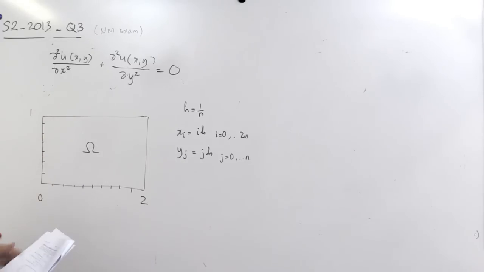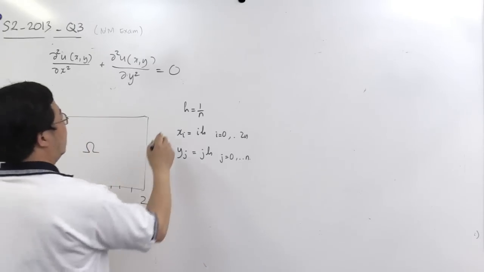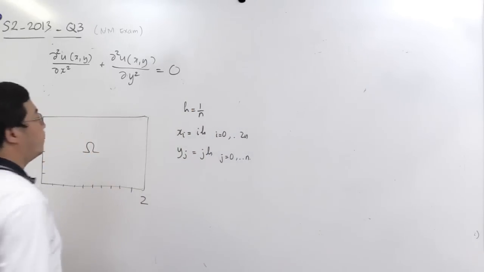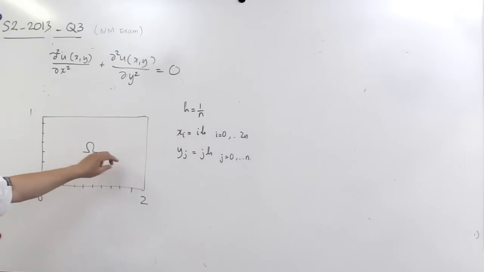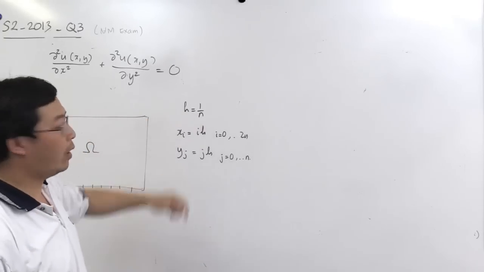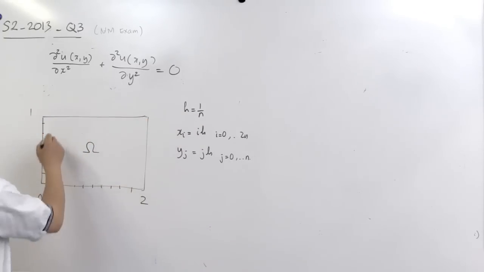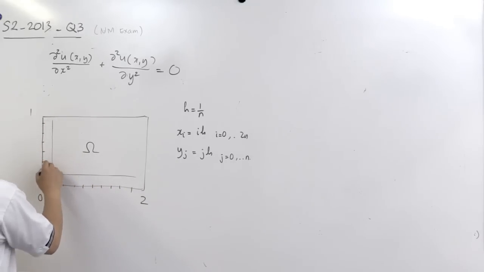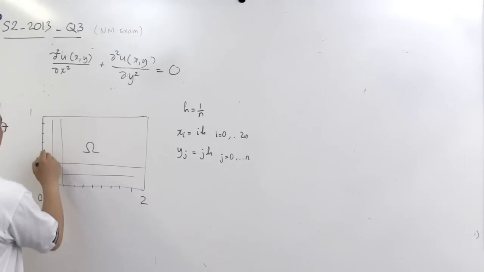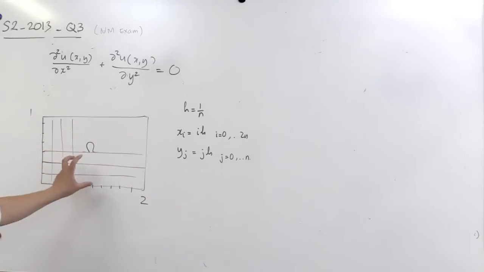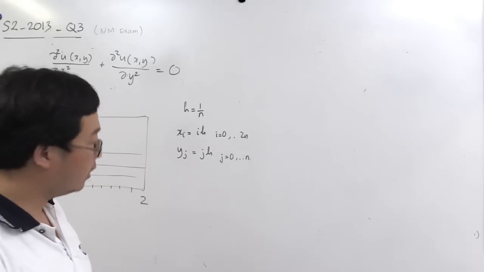And so make sure that you see that the discretization here, the width in the x direction and in the y direction are the same. So little h is 1 over n. So you just have an equally spaced grid. Okay, so I just draw very rough pictures, but you can see the pictures in the question.